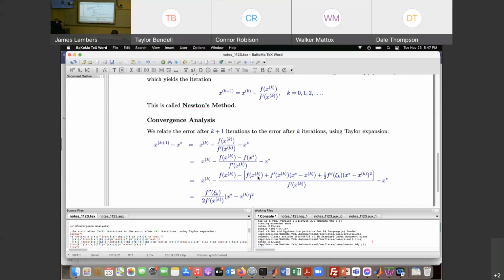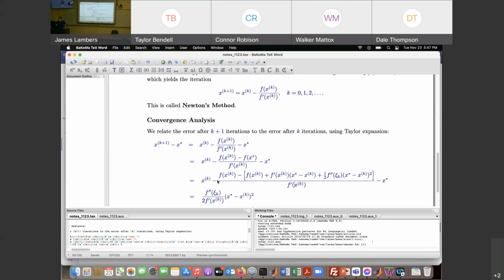And then what happens here is, here I have f prime of xk, here and here. So if I separate this part from the rest of the fraction, these will cancel, and then x star minus xk cancels with xk minus x star.